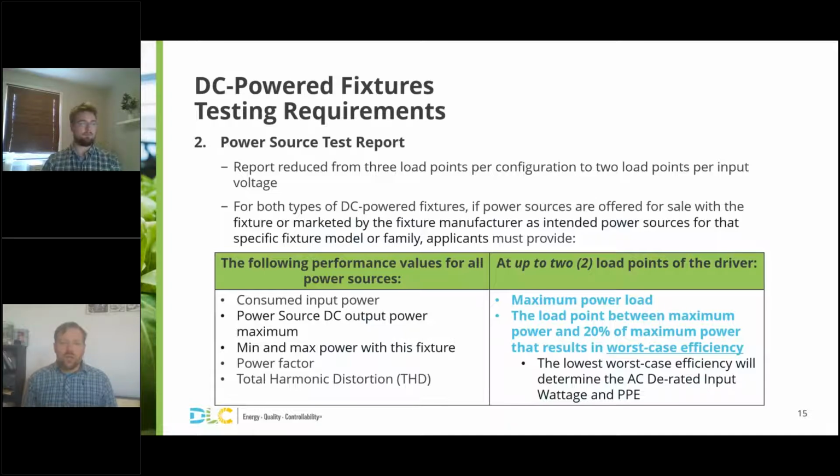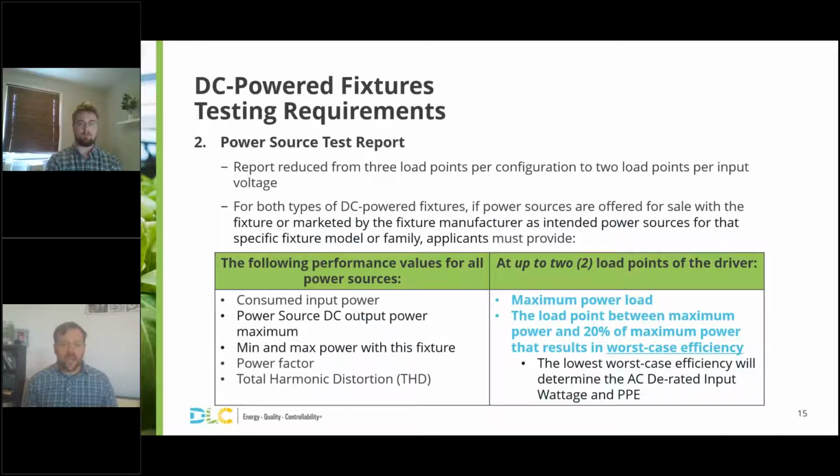We've made a few changes here. We've eliminated the previous technical requirement for bench testing of the power sources at 20% and 50% load, and we're just asking for 2 points instead of 3 now.